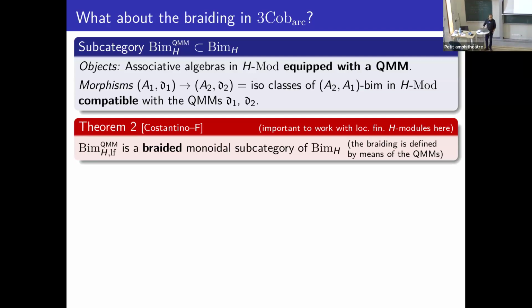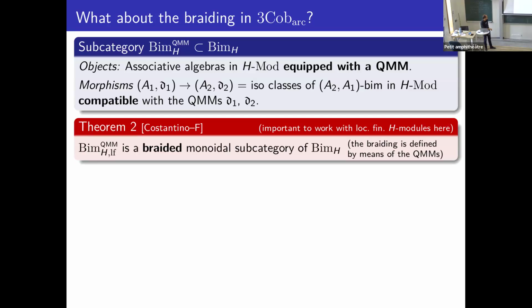Let's say I start with a ribbon category, which is Vect. In the case of Vect, it gives nothing, you see nothing there. Can you give some simple example?